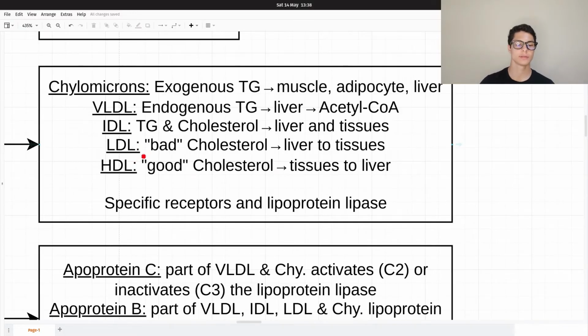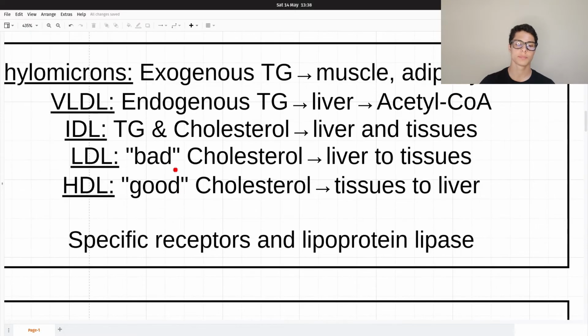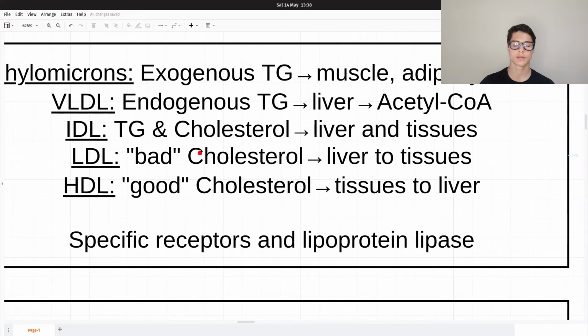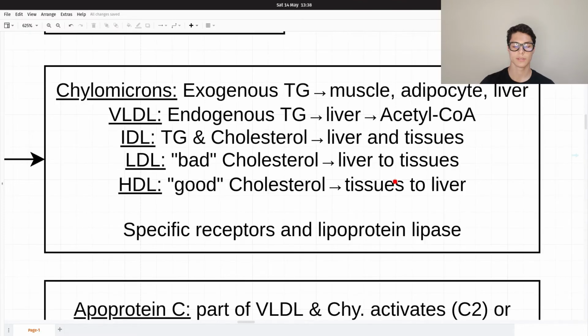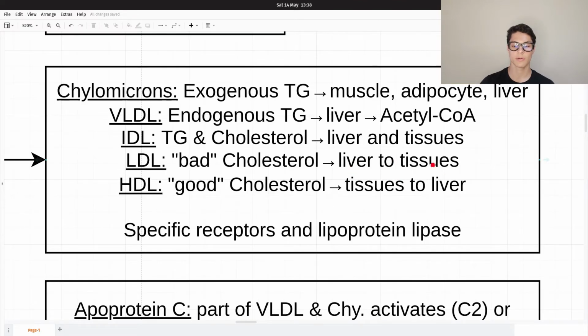And then we have the LDL. Some people call it the bad cholesterol, but in reality there is no such thing as bad cholesterol. The only thing that it does is giving the cholesterol from the liver to the tissues. This is made for repairing those tissues that require the cholesterol for their membranes.